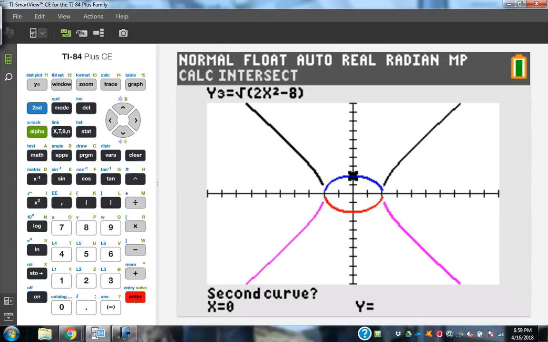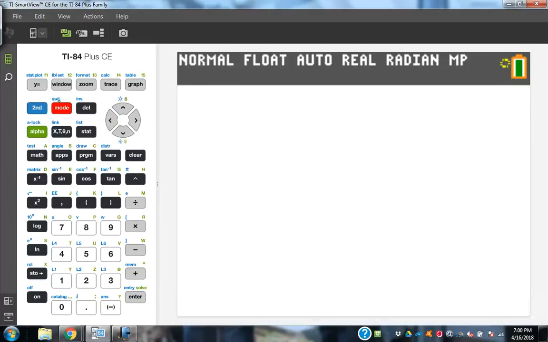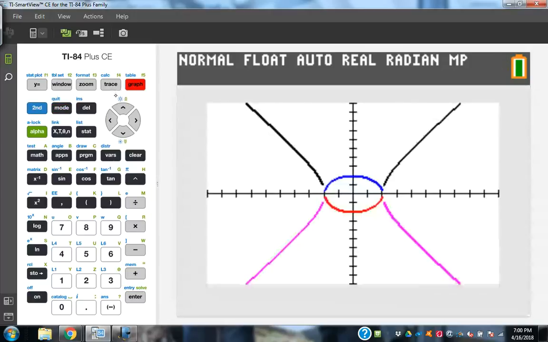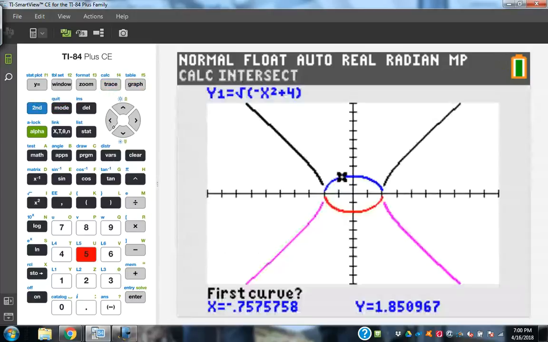There, enter. All right, kid, come on. Allow me to do it here. Not doing anything. All right, graph again. Okay, there's my graph. Second trace, intersect. First curve, the blue one.